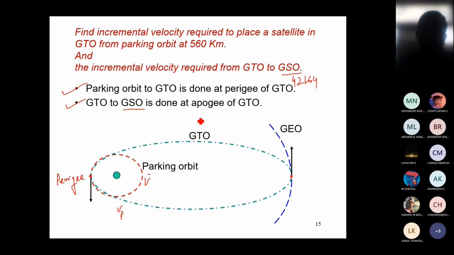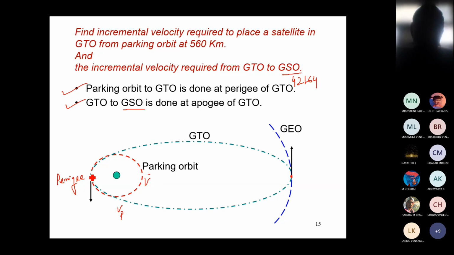That is why we are calculating the velocity at perigee point, since the velocities are different in GTO orbit, which is an elliptical orbit. Because perigee is a point which is common between parking orbit and GTO orbit, you might assume that at this particular point the satellite will move at the same velocity.